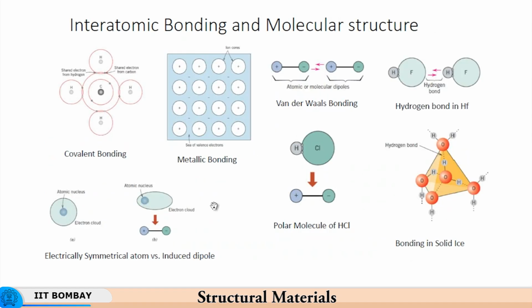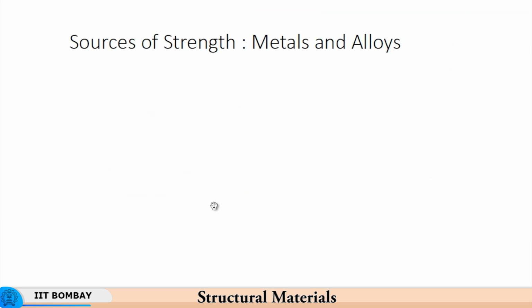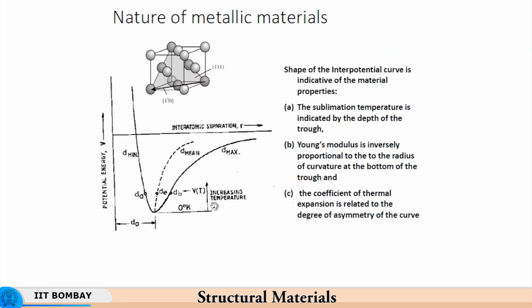So we have seen that it is interatomic bonding, which is the metallic bonding, that is responsible for the strength. We have seen the typical bonding energies for different kinds of bonds, and now we will see how strength gets added to metals and alloys.